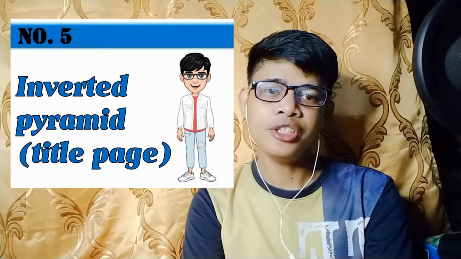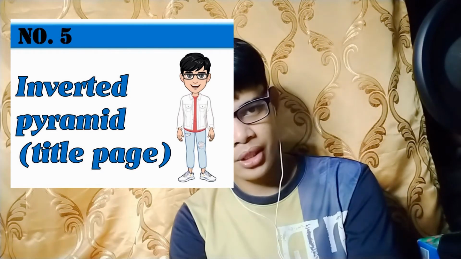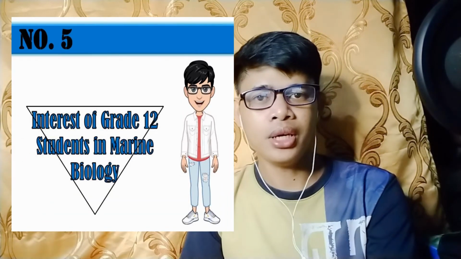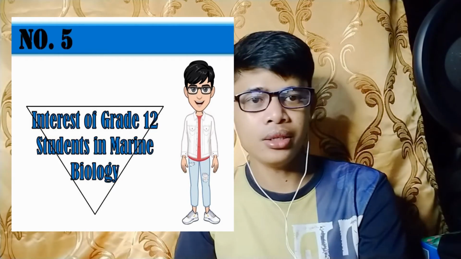Okay, and in writing your research title, we have here the tip: it should be written in an inverted pyramid. Usually it is found in the title page of your research paper. For instance, you have your example research title, interest of grade 12 students in marine biology.